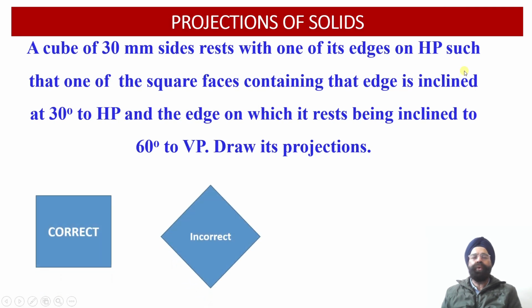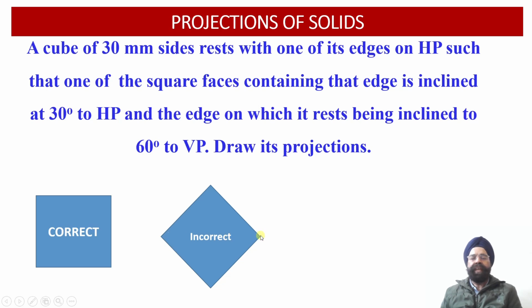Now let us evaluate the orientation of this cube as it is going to rest onto the horizontal plane on its base. So if we choose this orientation of the cube, we will find that when the base of the solid is inclined at an angle of 30 degree, it will be resting on either this corner or this corner onto the horizontal plane.